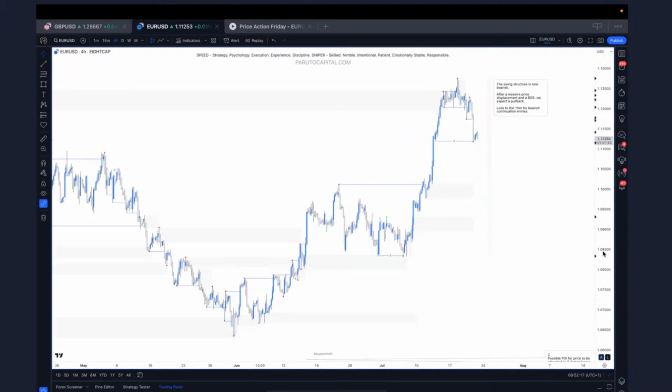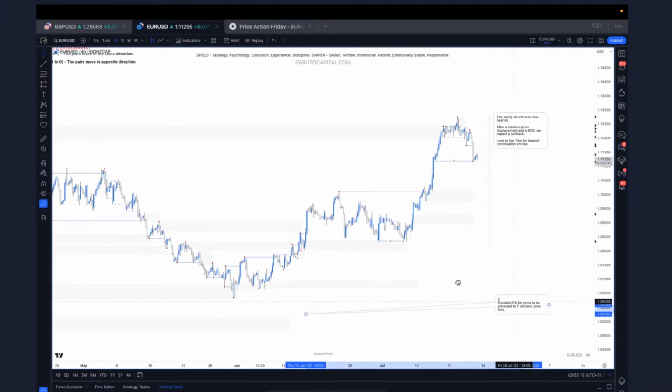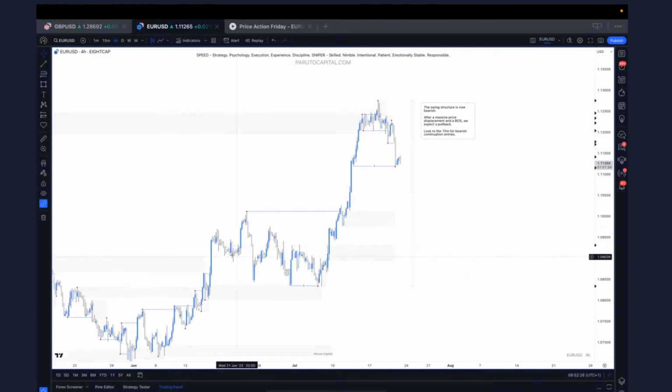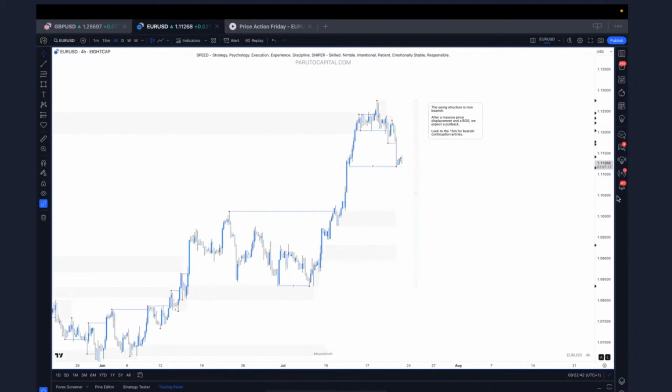Now on the 4 hour, let's look at the 4 hour. Okay, on the 4 hour, we can see clearly the market is bullish, has been bullish, and then the market consolidated around this area. After a while, the market is now reversing. We've seen this kind of breaker structure to the downside. You can see that clearly here.